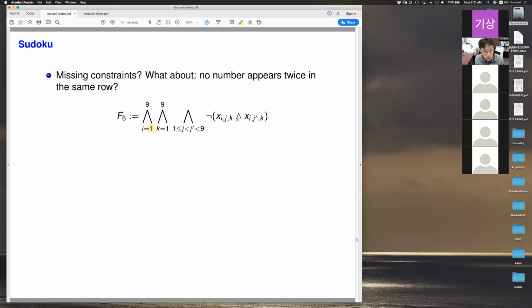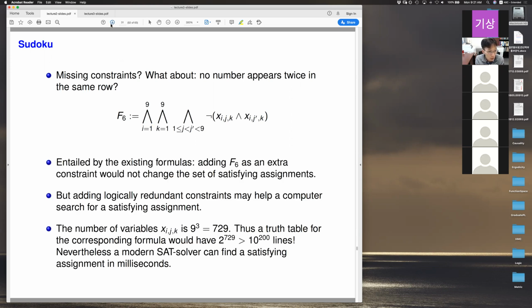So from the perspective of encoding this Sudoku problem into a satisfiability problem, just writing F1 up to F5 is enough. But if you view this encoding problem from a computational perspective, something interesting happens, which is that although F6 is redundant, sometimes adding something like F6 can help the performance of the satisfiability solver.